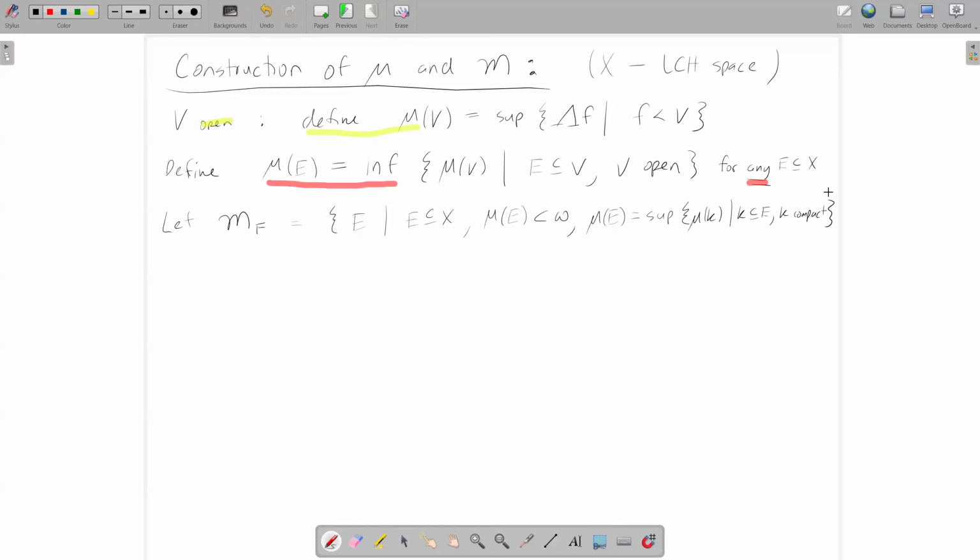And then I guess I better close the outer braces as well.